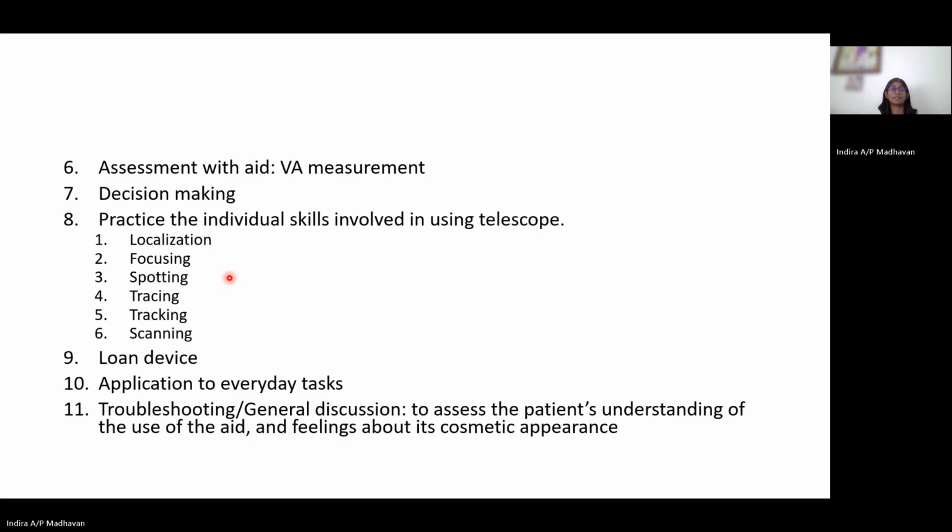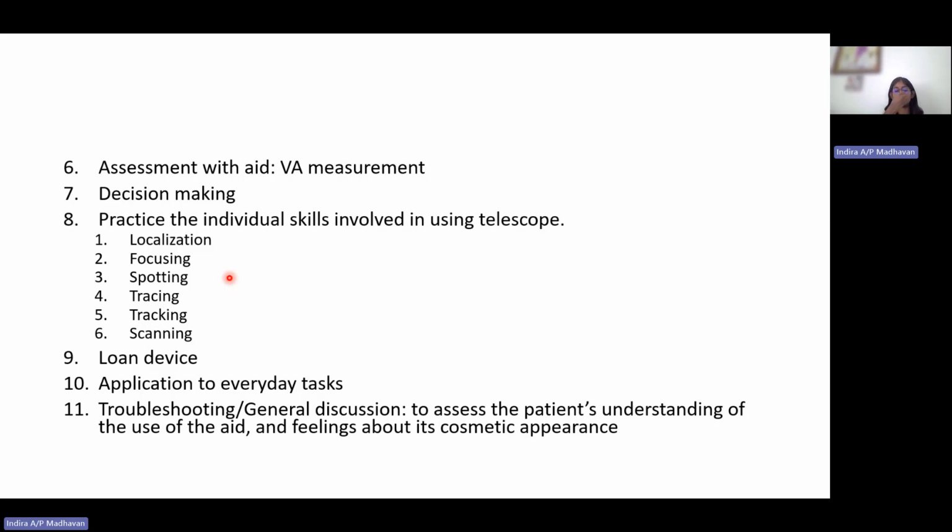If you are able to prescribe, the patient is happy, and the VA is also good, then we practice the individual skills involved in using the telescope. There are 6 techniques that you must teach the low vision patients before they bring back the telescope. One is localization.